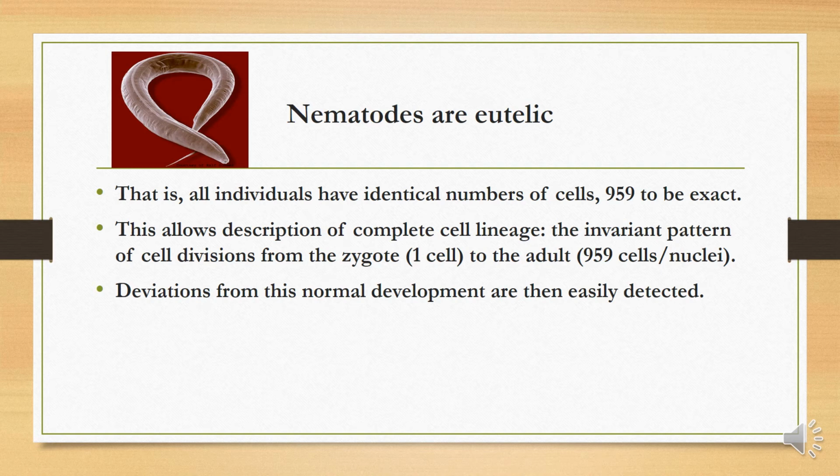So if the organism shows deviation from the normal development, or from the number of cells, 959 cells, then it can be easily detected.